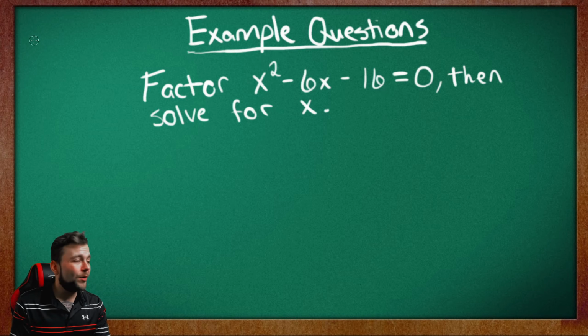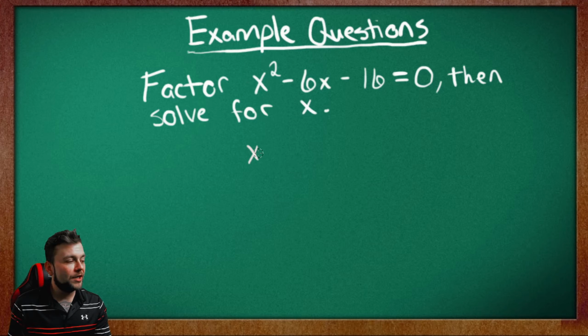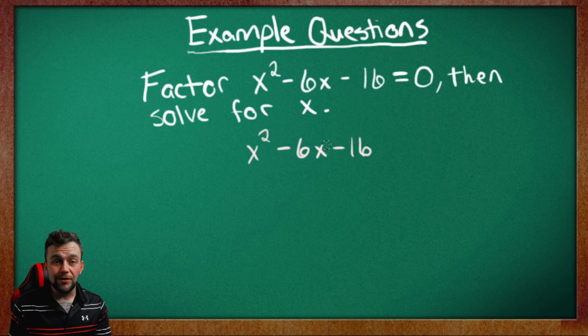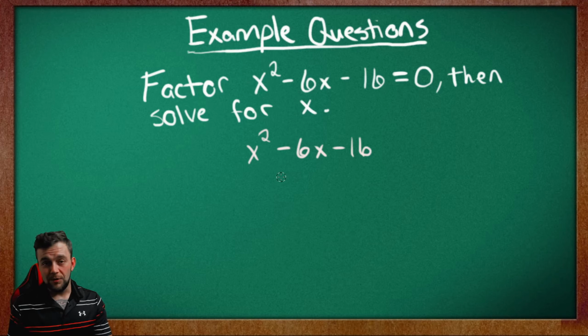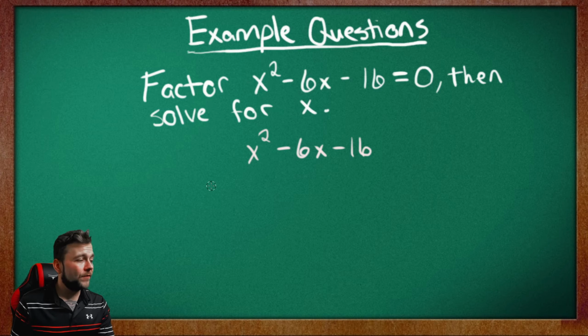The first step, always keep things nice and neat. Let's rewrite our problem: x squared minus 6x minus 16. So we want to factor this side. This is a quadratic equation. Do you remember the steps? First, how did we get our first term?